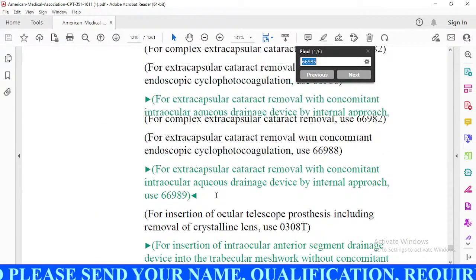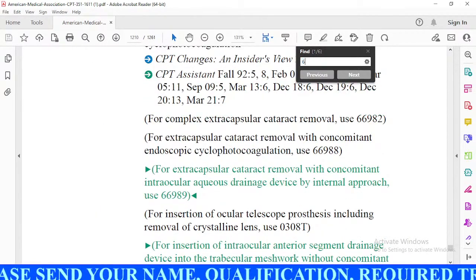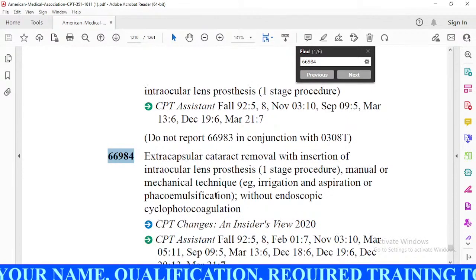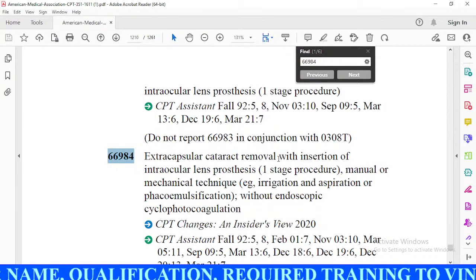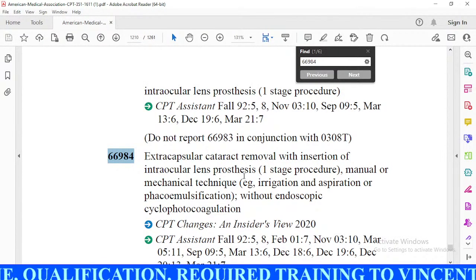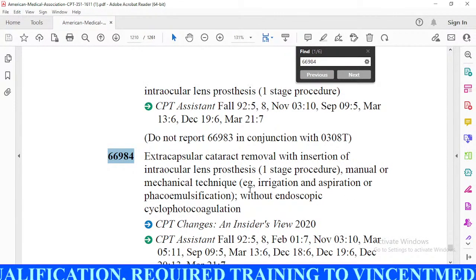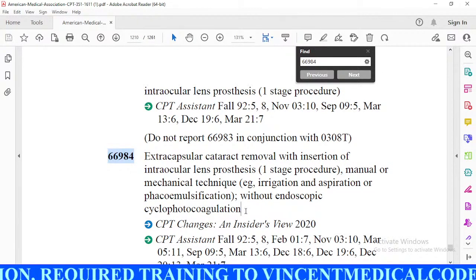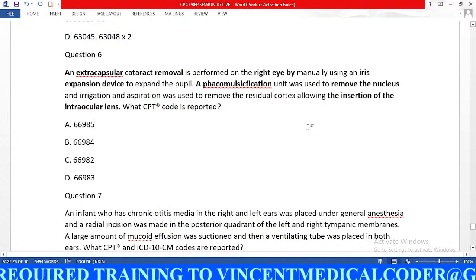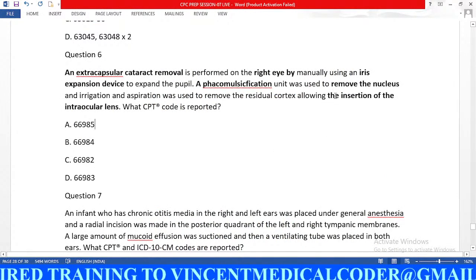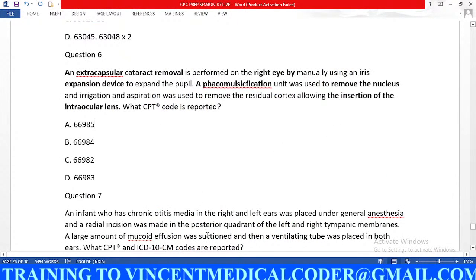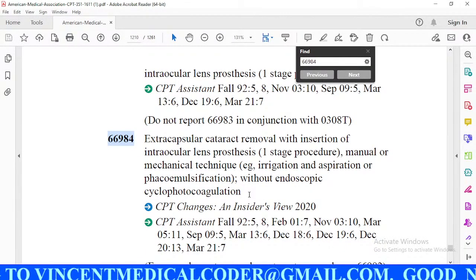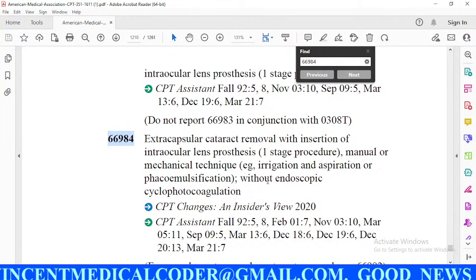What is 66984? Extracapsular cataract removal with insertion of intraocular lens process, manual or mechanical technique, without endoscopic cyclophotocoagulation. But here we have one keyword, which is iris expansion device, which is not included in 66984. So we can't select 66984.